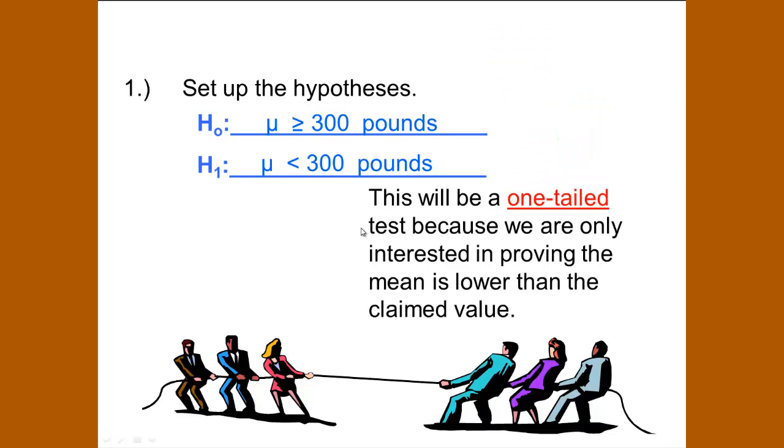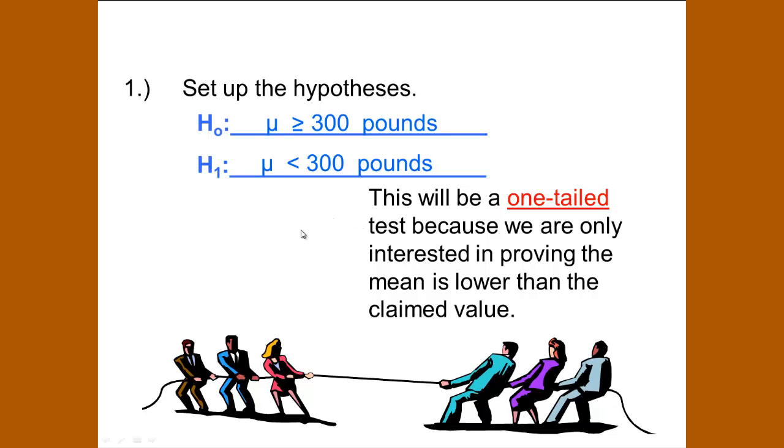This will be a one-tailed test. Remember that confidence intervals are always two-tailed. But for hypothesis testing, we must decide whether they are one or two-tailed. And this will be a one-tailed test because we're only interested in proving that the mean is lower than the claimed value.